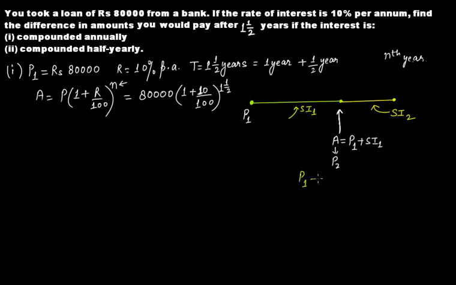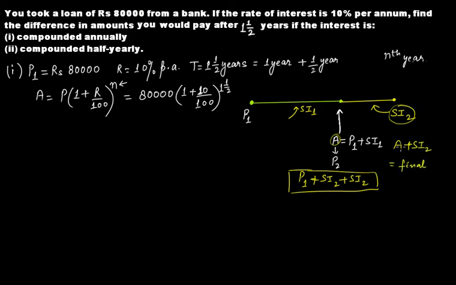P1 plus SI1 plus SI2, right? This will give you the total amount. So if we find the amount up to here, then find simple interest 2, then simply adding A plus SI2 gives the final amount. Why? Because A is equal to P1 plus SI1, so P1 plus SI1 plus SI2 gives the final amount.